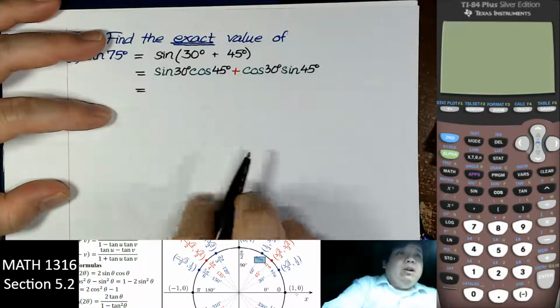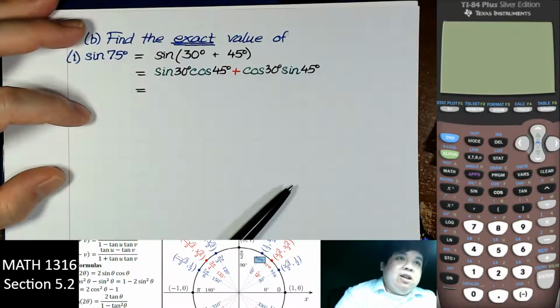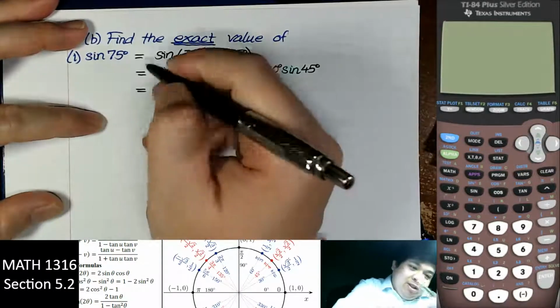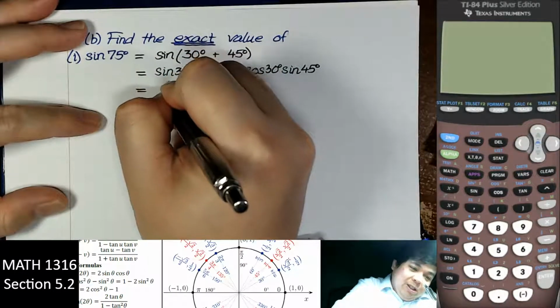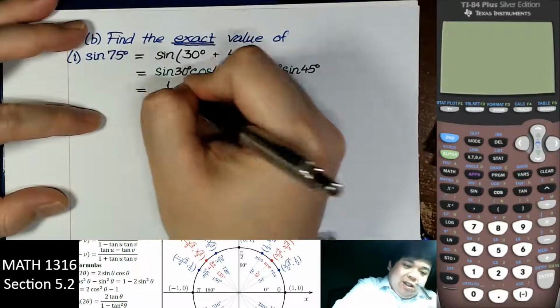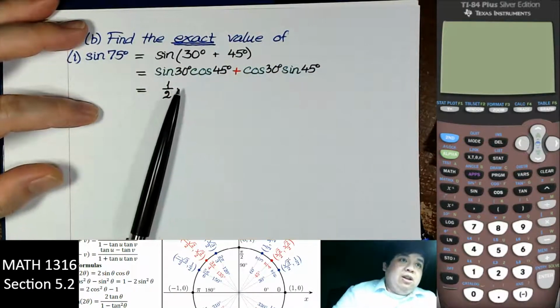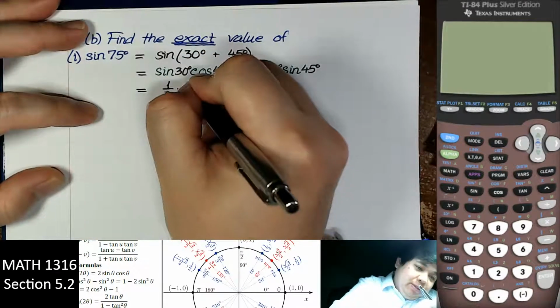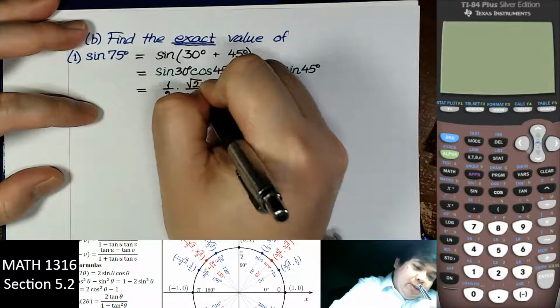Sine of 30, 30 degrees is here. Sine is the y value, so the second one is 1/2. Cosine 45 degrees. 45 degrees here, and cosine is the first value, square root of 2 over 2.